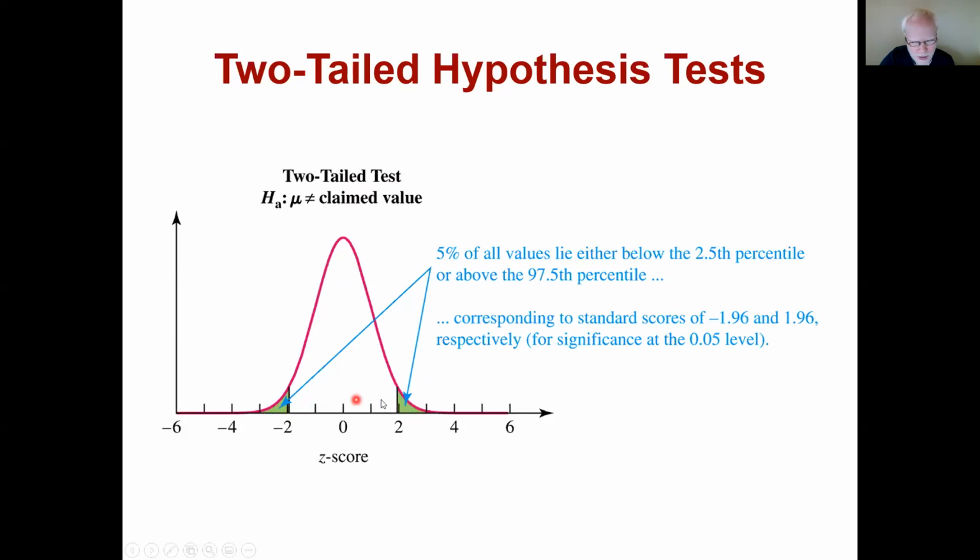If it's anywhere in here, then we can't be 95% sure that it's not just due to an unlucky sample. If it's out here, then we can say there's at most a 1 in 20 chance that you would get this sample if the null hypothesis were true.